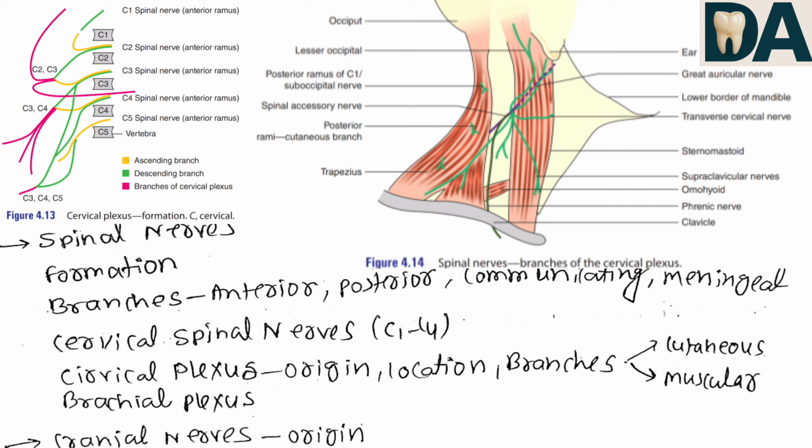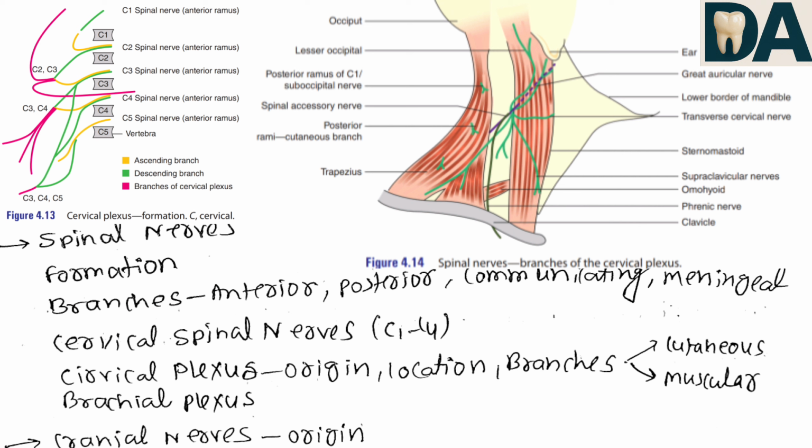sternocleidomastoid muscle. Branches. The various branches arise from the cervical plexus. One is the cutaneous branch, second is the muscular branch, and third is the brachial plexus. One, cutaneous branch.